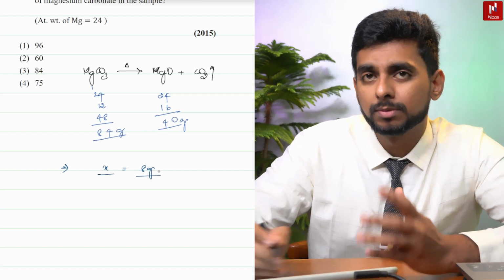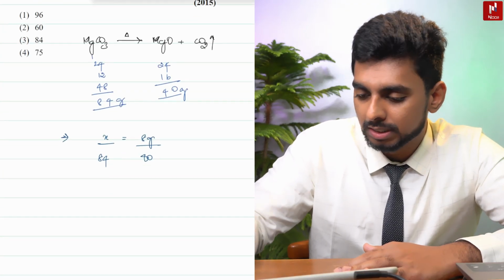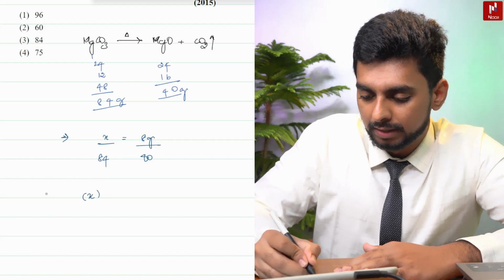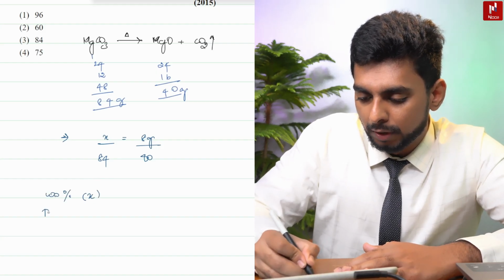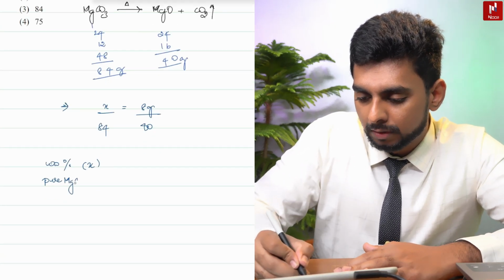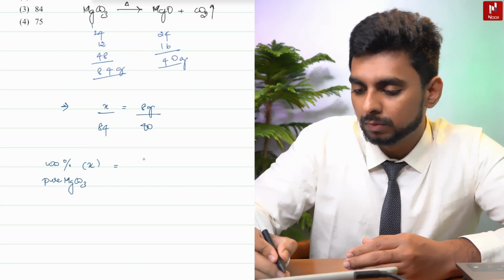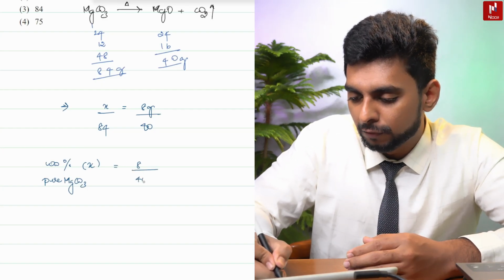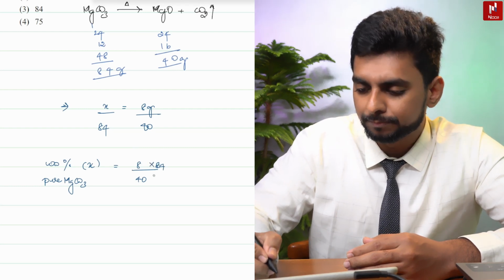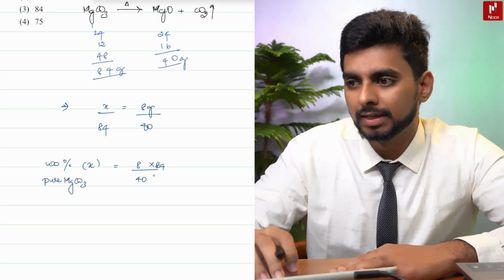With respect to molar mass, 84 gram will produce 40 gram, right? So with this I've got the required 100% pure MgCO3. So the 100% pure MgCO3 that was needed, that's the X, is equal to 8 divided by 40 into 84. So this much amount of magnesium carbonate is needed if it was pure.